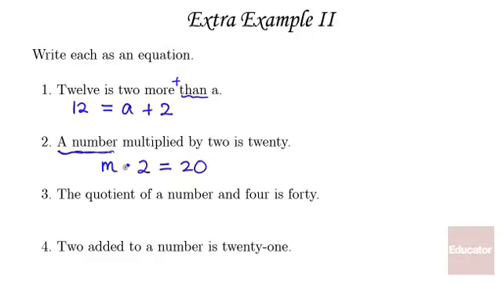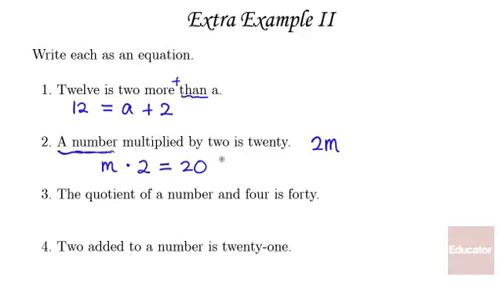Now, when it comes to multiplying letters and numbers together, you don't have to write it like this. We can just stick them together with the number in front. So I can write M times 2 as 2M. When you have a number in front of a variable like that, it means multiply them. So this is 2 times M, and you can write it in that way.